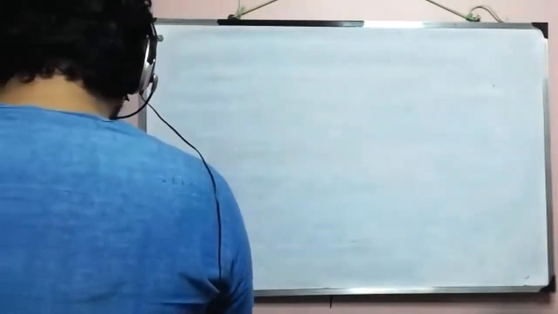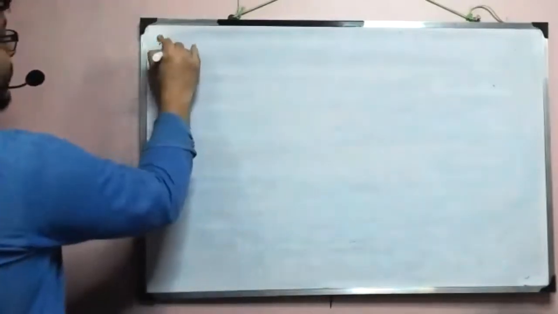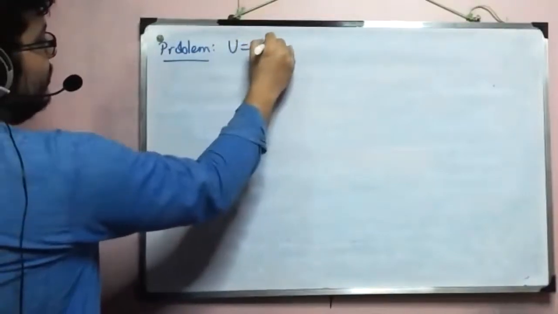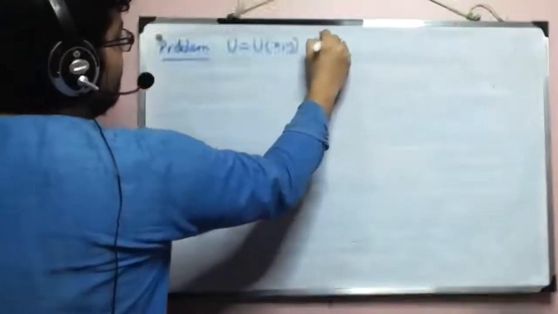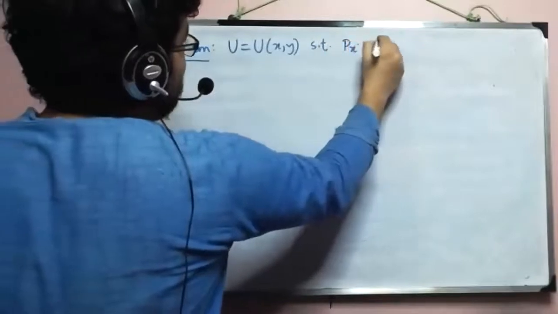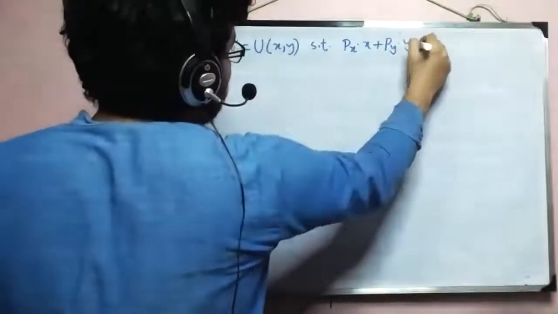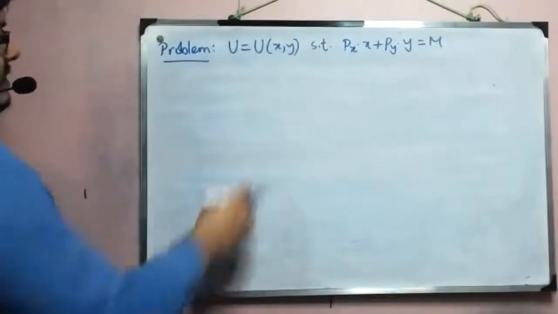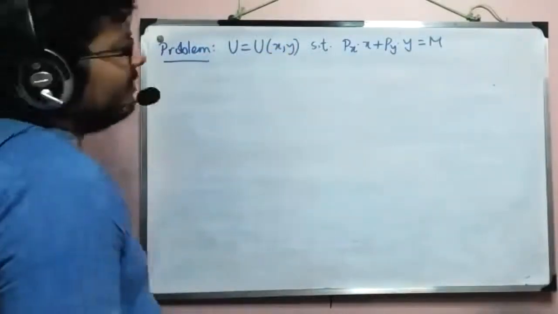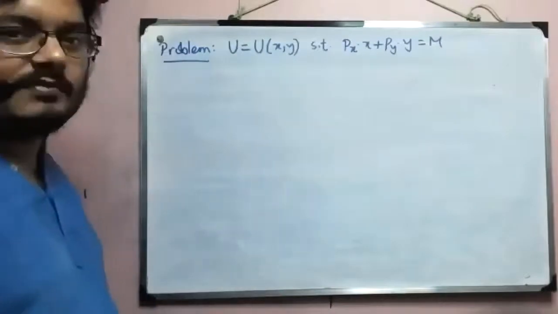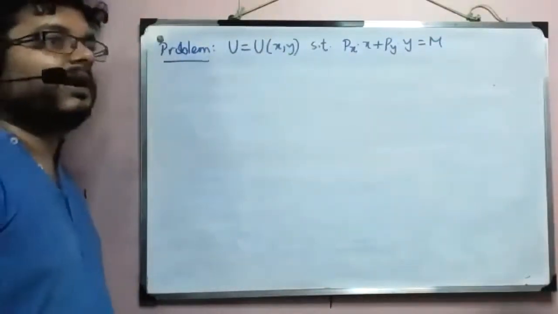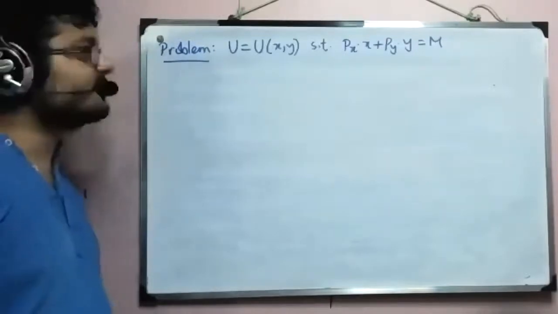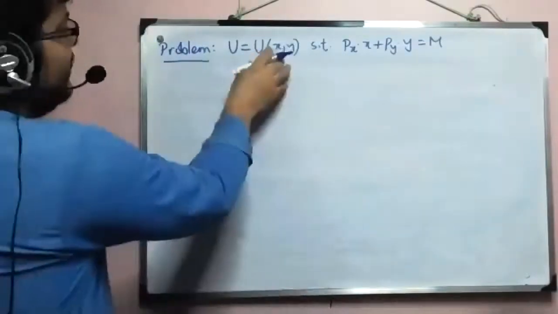Our problem is U equal to u of x comma y subject to pxx plus pyy equal to m. If I use x1, x2 or p1, p2, the result will be the same, just with different symbols. Keep that in mind because different books use different symbols. So we are here taking this symbol.